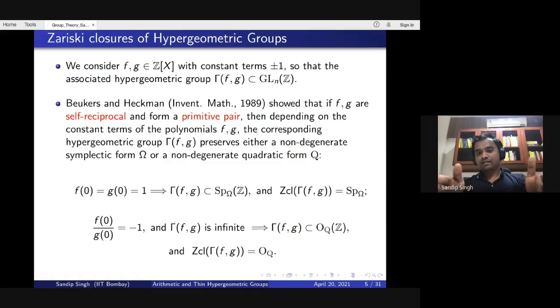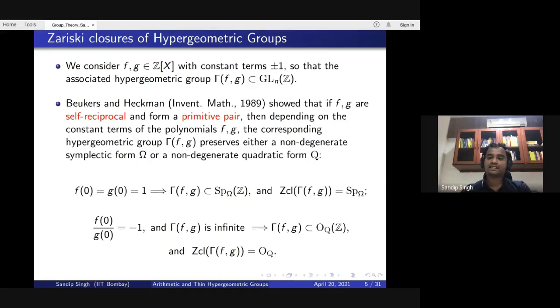Also, because f and g do not have a common root, and actually that is enough, the action of gamma on V and V star is irreducible.